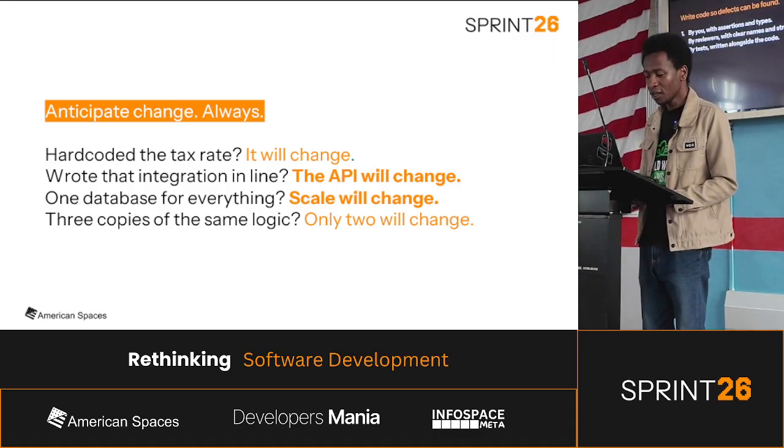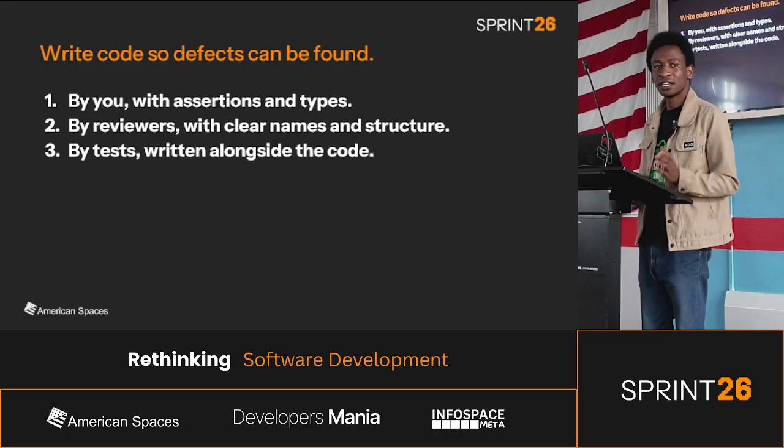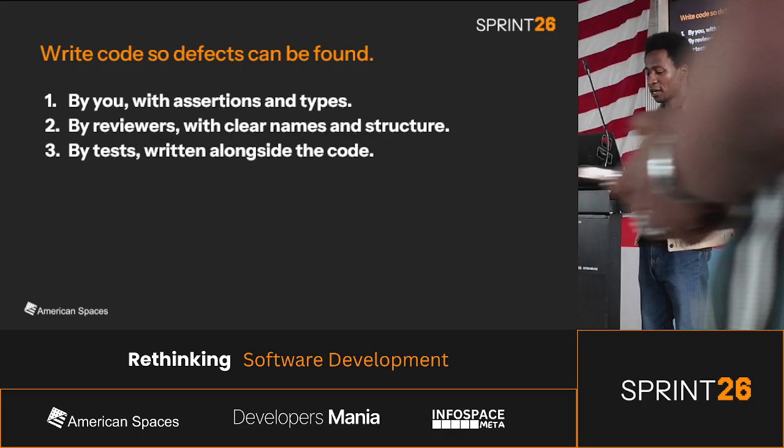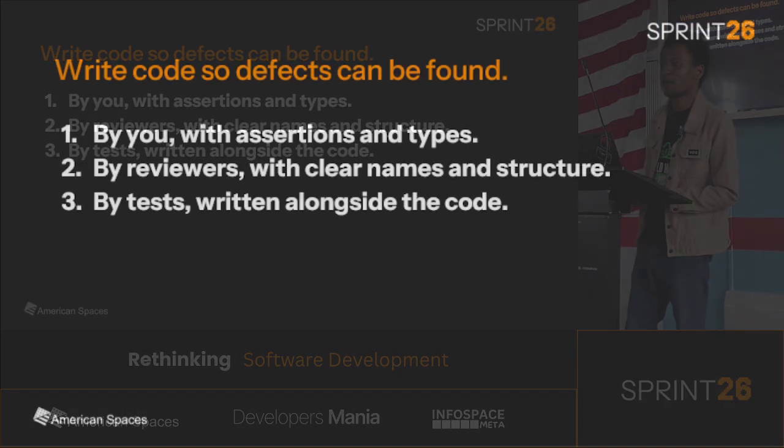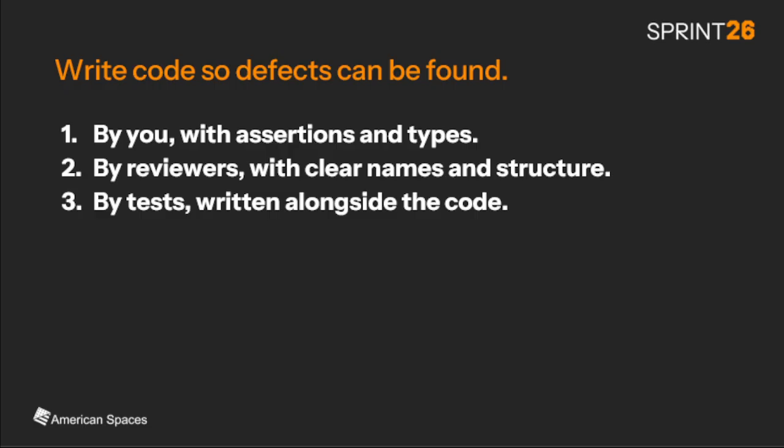So fundamental 3, construction for verification. Some things are easy to miss. Like for instance, you might code something that maybe you were not very sure of and you have not verified. So if you don't program something that is easy to verify and easy to test, then it might break something.